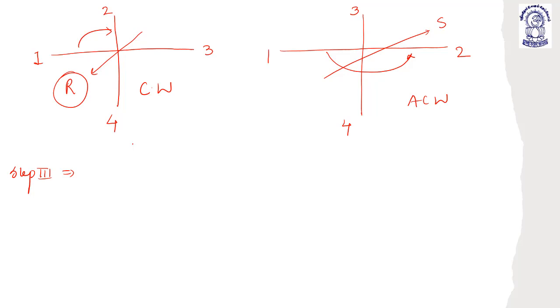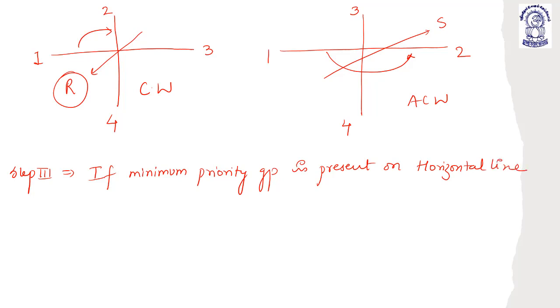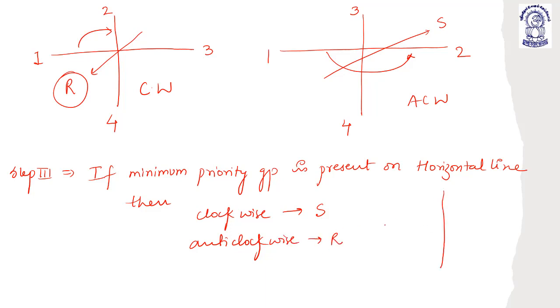Okay, if the minimum priority group is present on the horizontal line, then we have to just do vice versa, meaning clockwise is S and anti-clockwise is R. Okay, like this is on the horizontal line, 3, 2, 4.